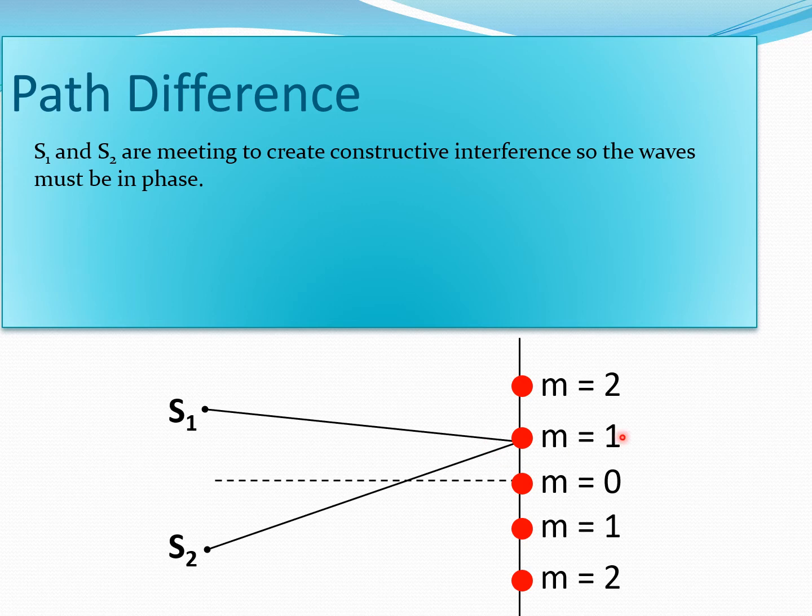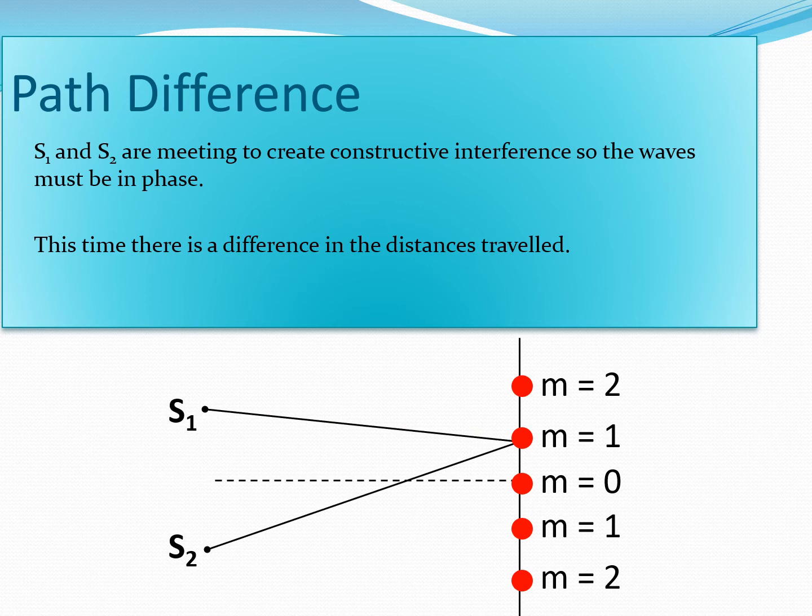So therefore, if we're hearing a loud sound, we know that the waves must be in phase. If they're in phase, we're hearing a loud sound. But this time there is a difference in the distances travelled. You can see it here. The distance travelled by the waves from speaker 1 is less than the distance travelled by the waves from speaker 2. We can just see that that line is shorter than that line.